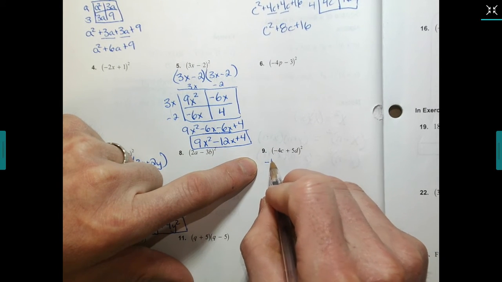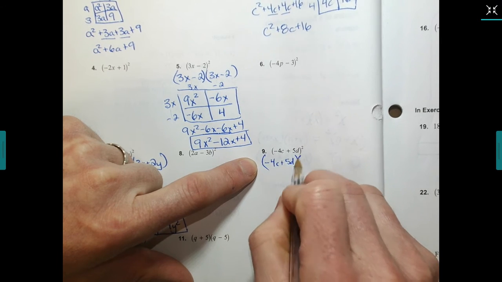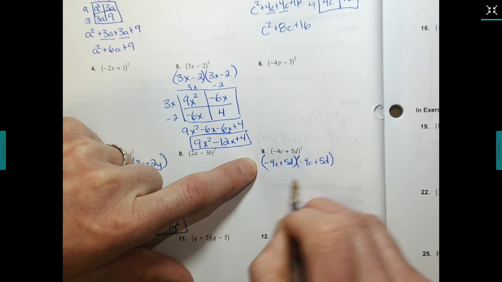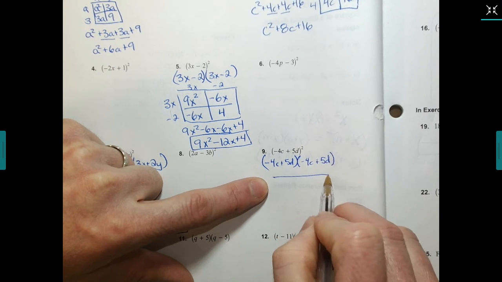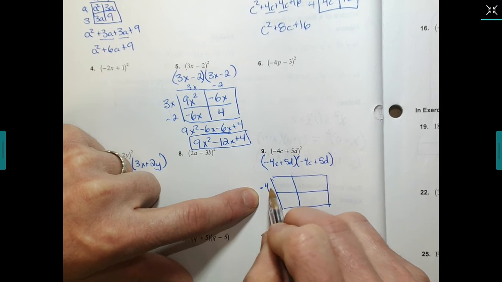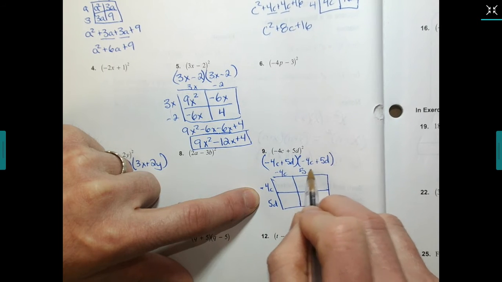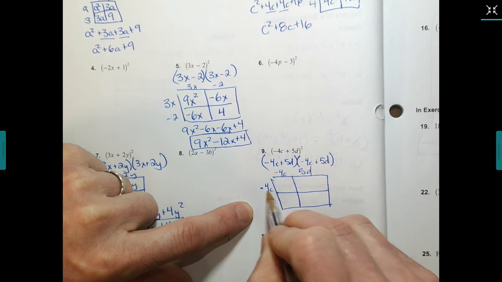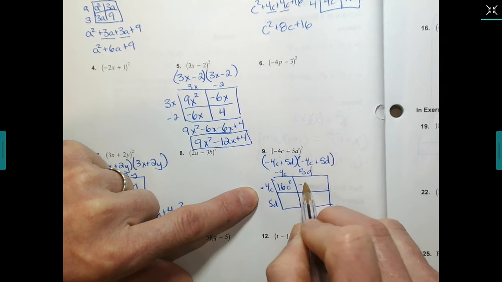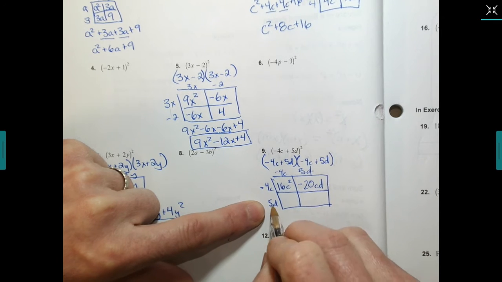So we have negative 4c plus 5d times negative 4c plus 5d. So negative times negative is a positive, so I get 16c squared. Positive times negative is negative 20cd. I have the c and the d.